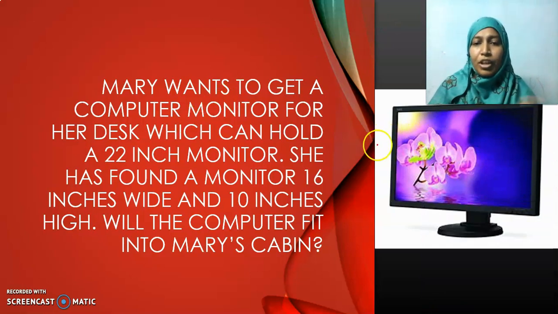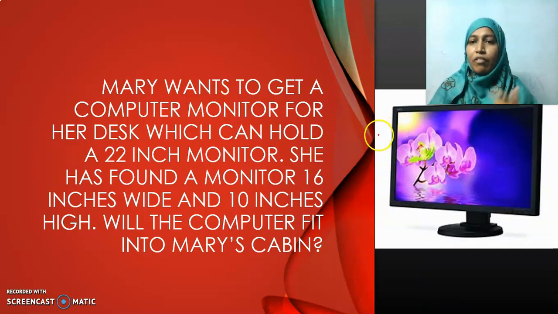Dear children, before getting into this question, you would have come across situations in buying TVs and monitors. They used to say the size of the TV as 50 inch, 46 inch, 40 inch TV. What does this number measure in a TV?